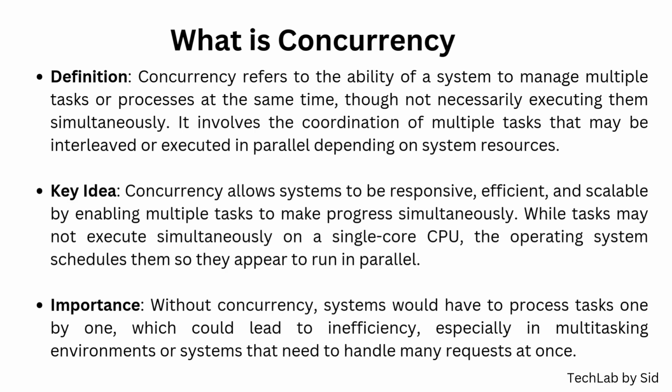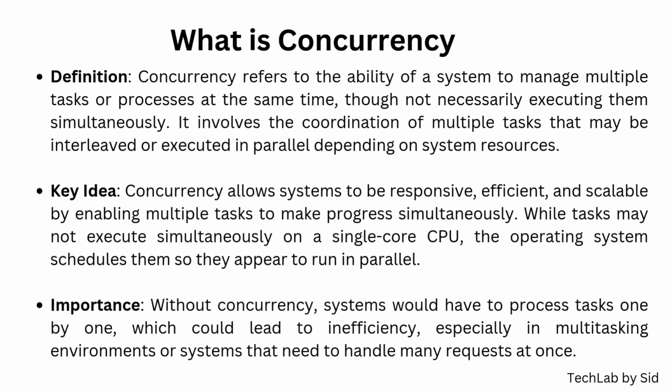Why concurrency matters? Without concurrency, systems would need to handle one task at a time, which could create significant delays and inefficiencies, especially in multitasking environments or systems that need to process multiple requests. For example, imagine a server trying to handle thousands of requests at once.